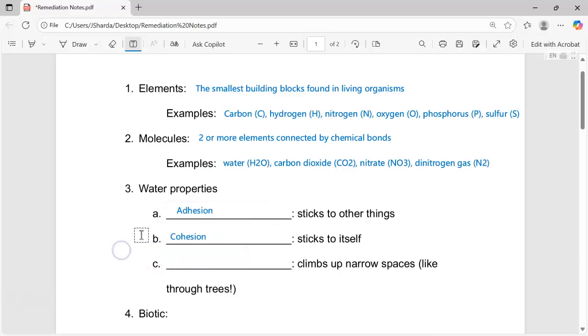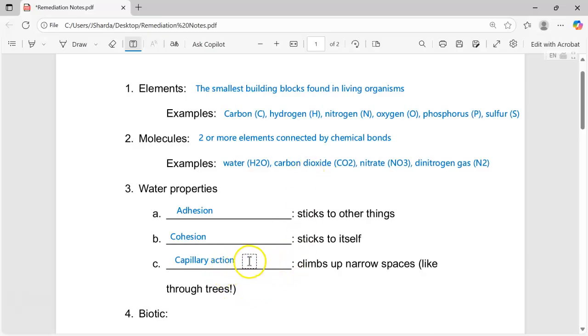So water is cohesive, it is adhesive, and it can exert capillary action. Capillary action is when cohesion and adhesion work together and allow water to climb up narrow spaces or move through spaces with tiny holes. In the context of photosynthesis and trees and ecosystems, this is an important feature of water because it allows water to be transported through the tree.